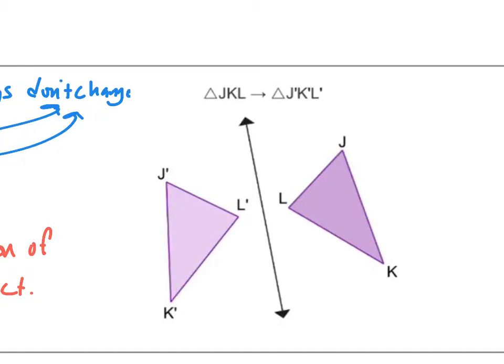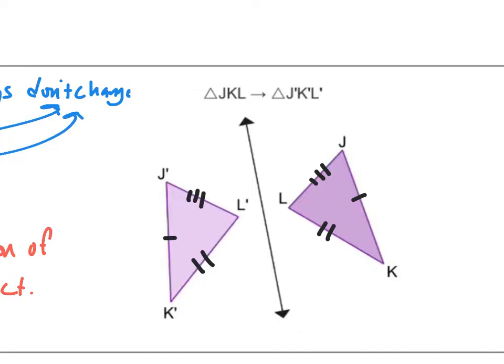I know that JK is going to be congruent to J prime K prime. Okay, I also know that KL is going to be congruent to K prime L prime. All right, I also know that JL is going to be congruent to J prime L prime.